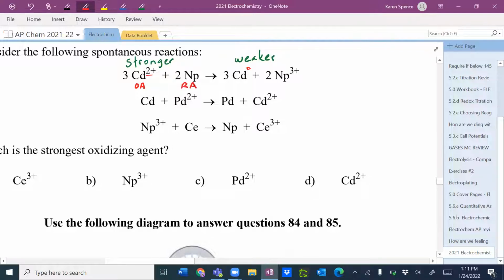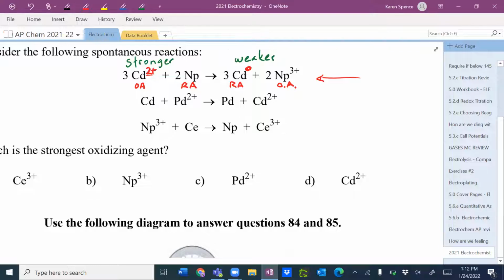Now, if we were to look at the reverse reaction, so if we were going backwards, then cadmium would be going from 0 to 2+, which means it was getting oxidized, which means it's the reducing agent, and that means that NP3+ is the oxidizing agent. Now, if you are a strong oxidizing agent, you are really good at oxidizing the other guy.